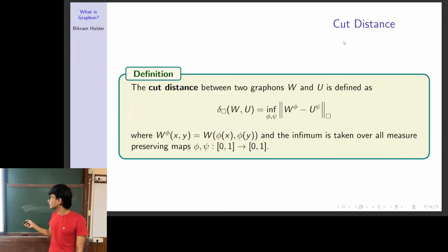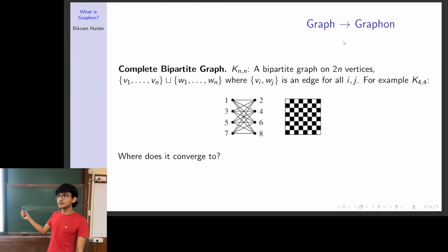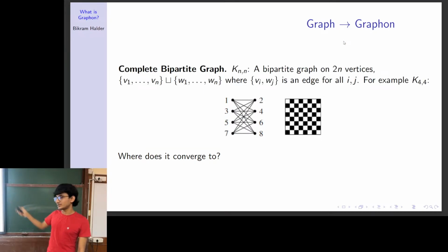So we need to take the best possible one. And here phi and psi are measure-preserving maps that actually give us the distance. In the example, this is basically relabeling, you can think. So here it is identity, not here.